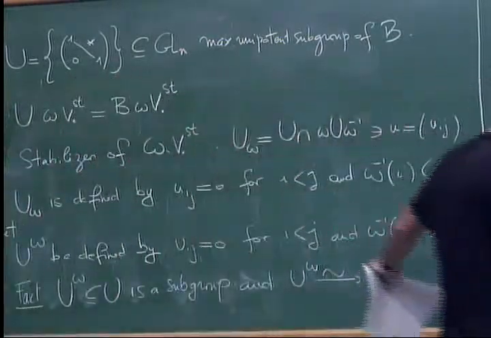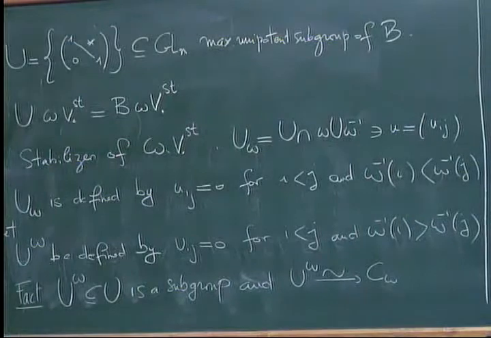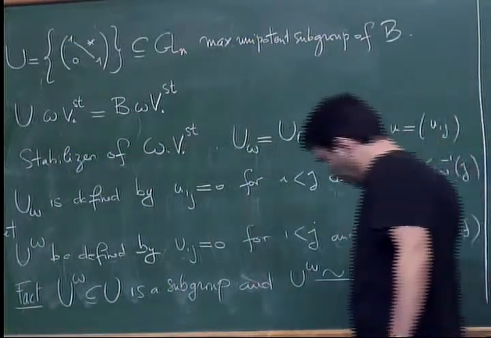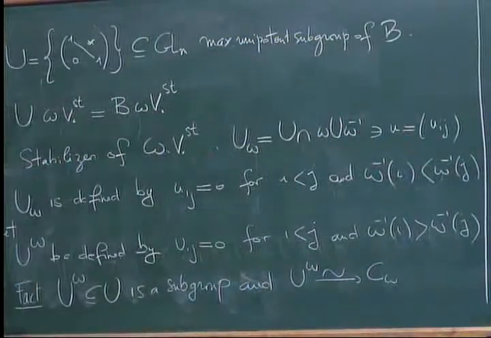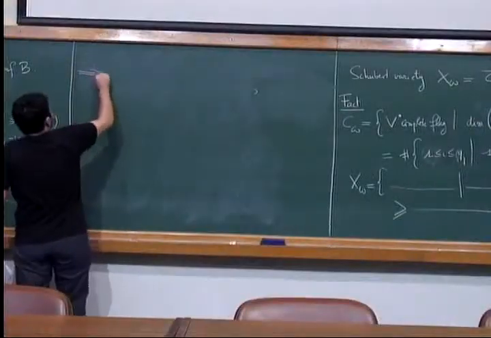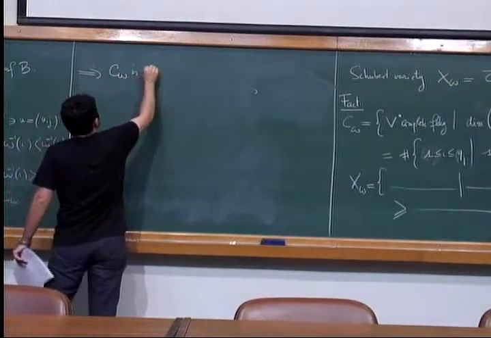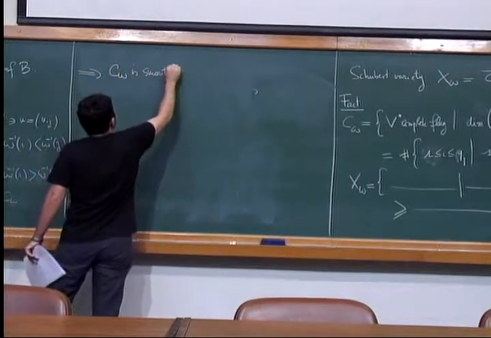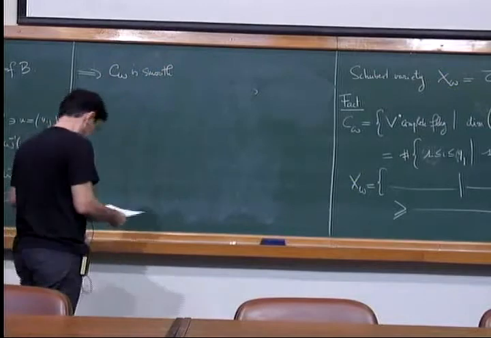Not the Schubert, the Bruhat cell, you get an isomorphism. So you see that the Bruhat cell is an affine space. Okay, in particular, C omega is smooth.